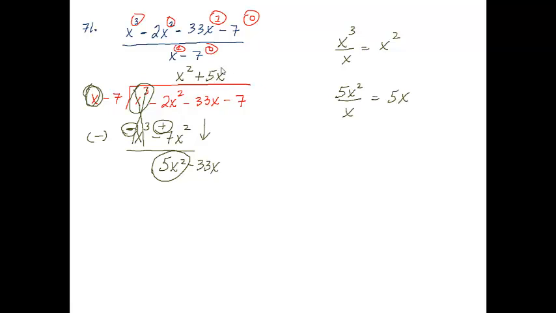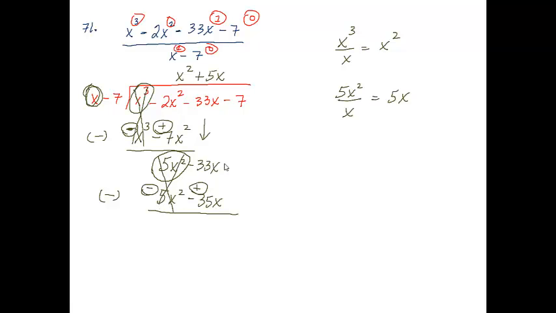And then take your 5x and multiply every term in your divisor. 5x times x is 5x squared. 5x times negative 7 is negative 35x. Subtract. Make sure you change your signs. 5x squared minus 5x squared cancels out.